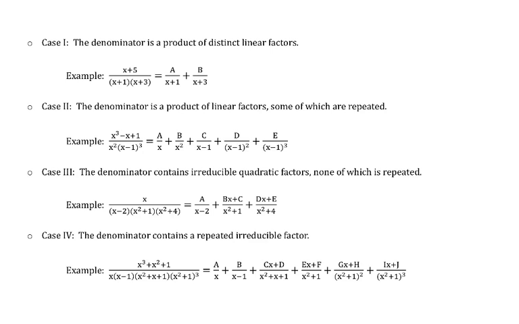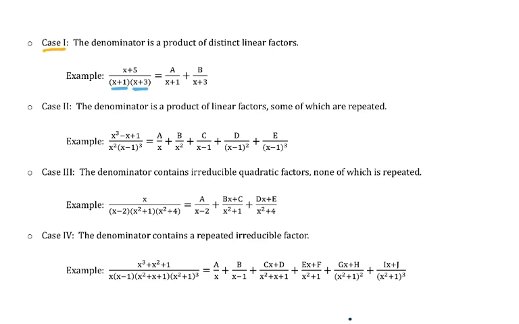So the first case means that we have the denominator of the fraction being a product of distinct linear factors. In this example, you can see that x + 1 is a linear factor, and that's being multiplied by another linear factor.